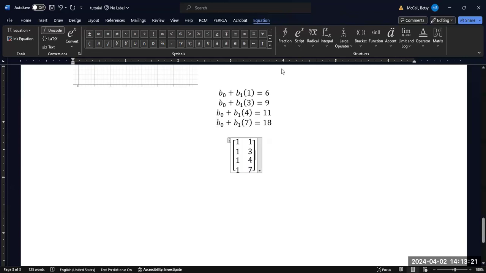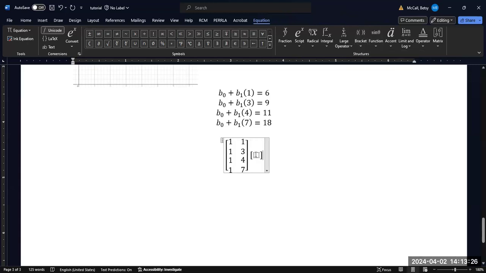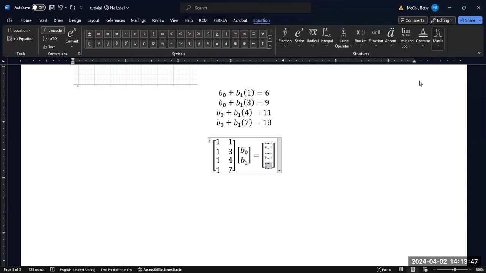And then we will have a vector of our coefficients, B0 and B1. And that's going to be equal to our vector of our y values. So 6, 9, 11, and 18.